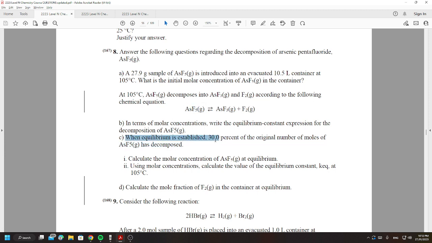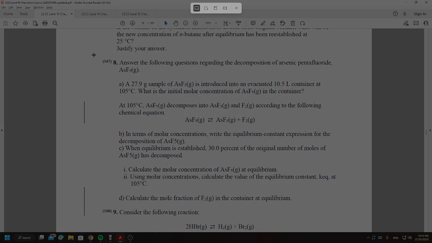When equilibrium is established, 30% of the original number of moles of ASF5 has decomposed. Calculate the molar concentration of ASF5 at equilibrium. So, right, here we're gonna do ICE. Okay, I'm gonna solve this.